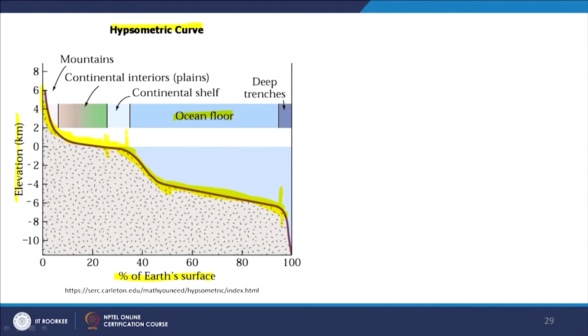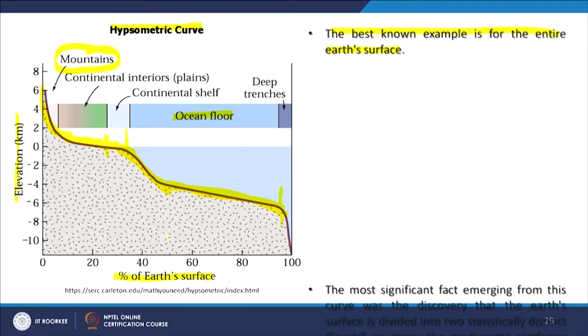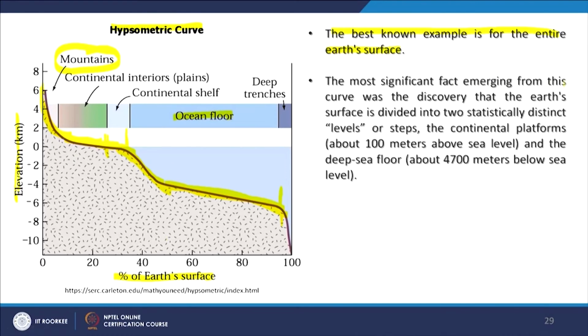Obviously, we say that the Himalaya is a young mountain chain. Therefore, in this kind of plot we will come here, and these curves will be like this. The best known example is for the entire earth surface, which is shown here. The most significant fact emerging from the curve was the discovery that the earth's surface is divided into two statistically distinct levels or steps: the continental platform, that is the land part, about 100 meters above sea level, and the deep sea floor, which is 4700 meters below sea level.